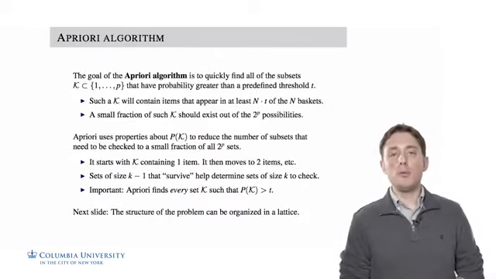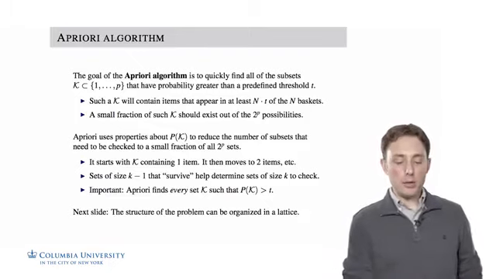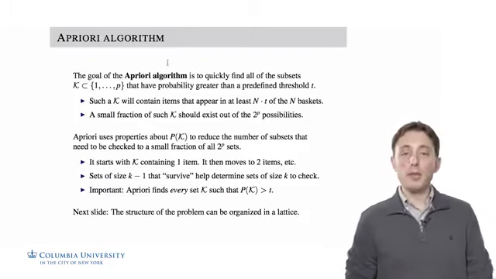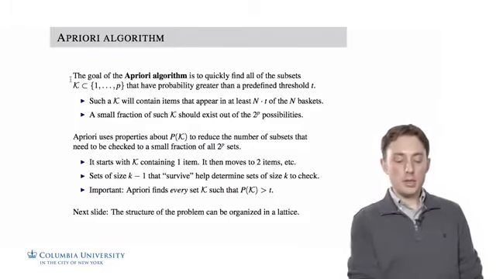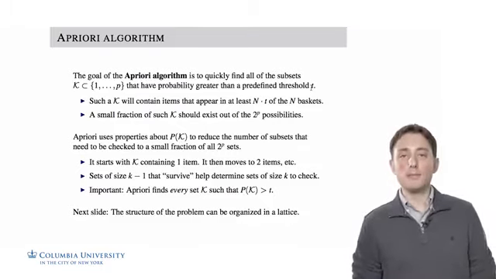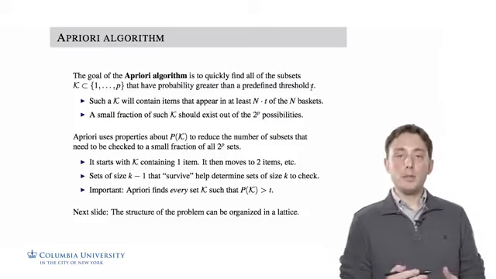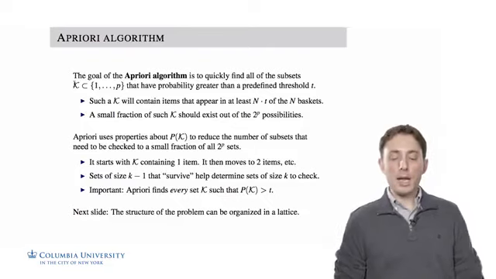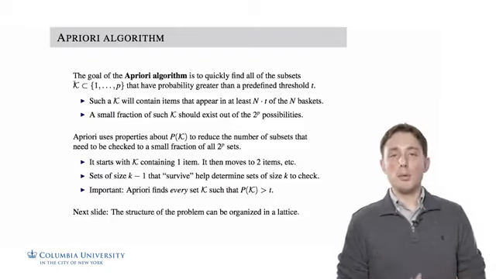So with those 3 probabilities of interest in mind, that leads us to the apriori algorithm. This is the name of the algorithm that allows us to very quickly find all of the subsets K that have empirical probability greater than a predefined threshold T. So remember, there are 2 to the P different subsets that I can construct in K. And I want to find all of those subsets that have an empirical probability greater than T, which I'm going to set.